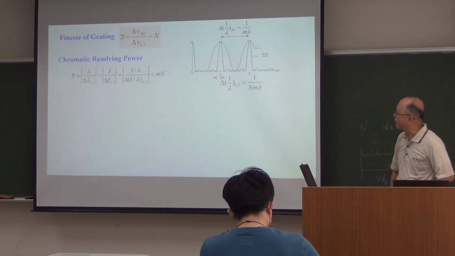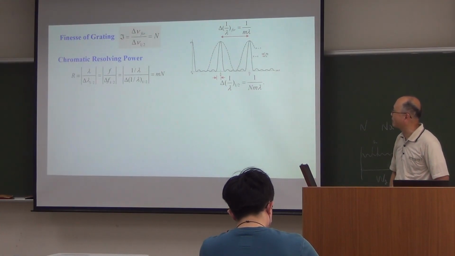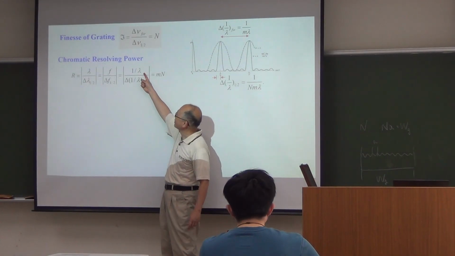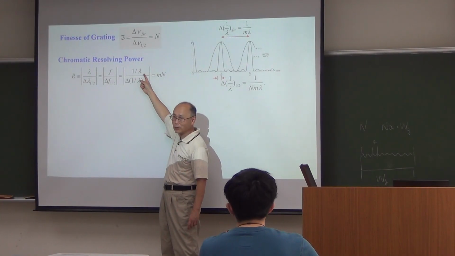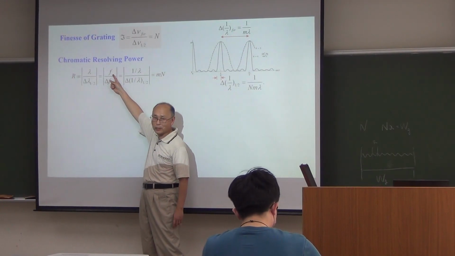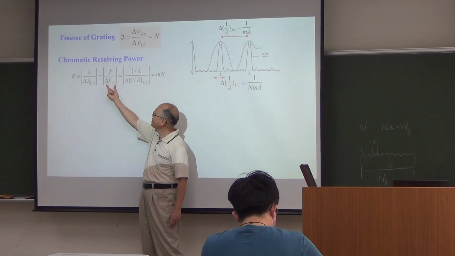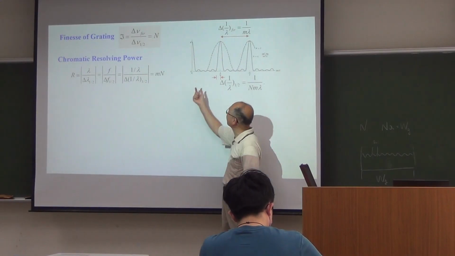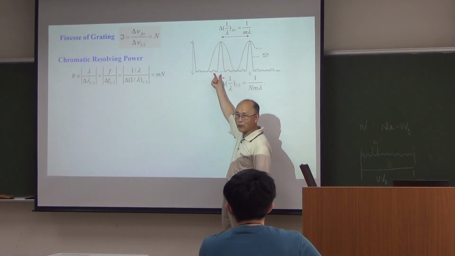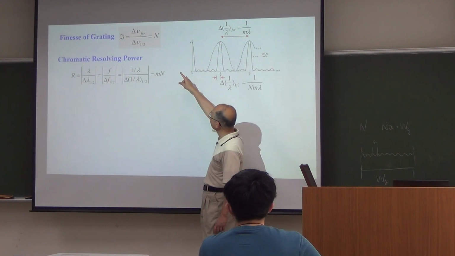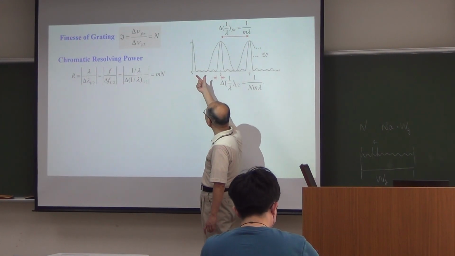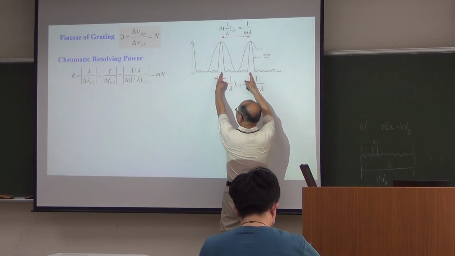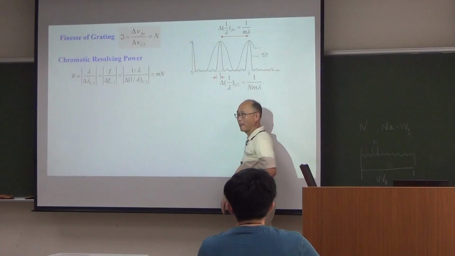And then we also talk about chromatic resolving power. For chromatic resolving power, the numerator is the frequency of the laser, and the denominator is the width in this diagram. For finesse, the numerator is this, and the denominator is this.